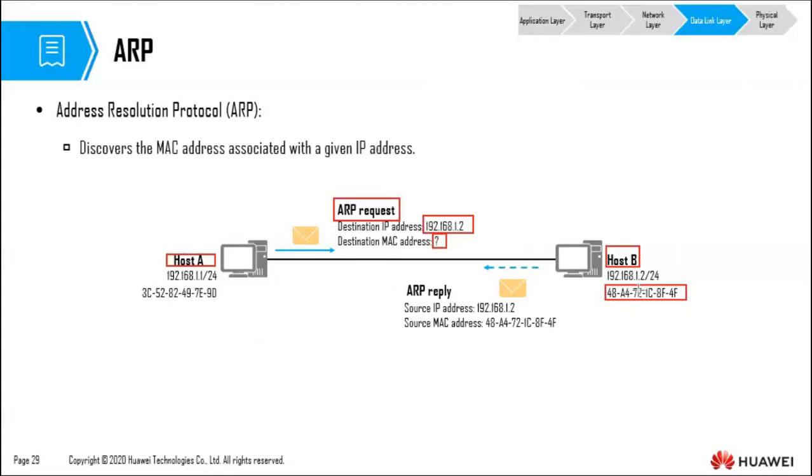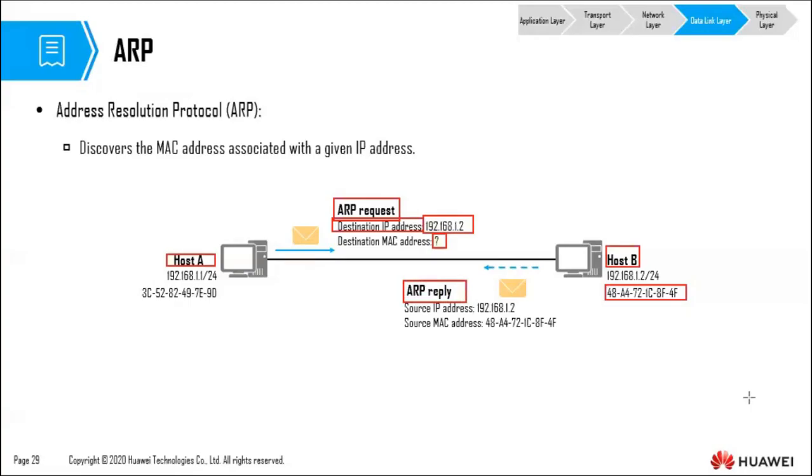Then everyone else is going to ignore it, other than the person whose IP address is indicated in the destination IP address header of the ARP packet. So in this case, it's going to be host B. Then this guy is going to reply with an ARP reply packet.